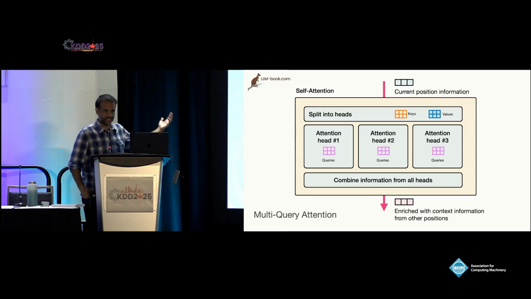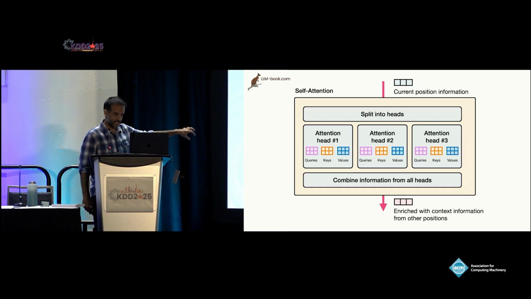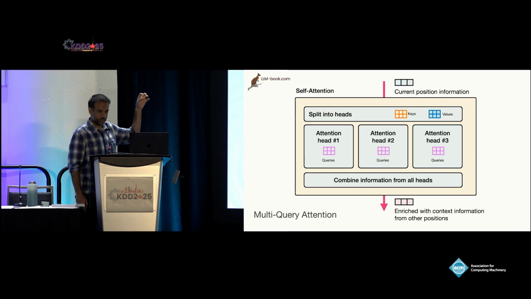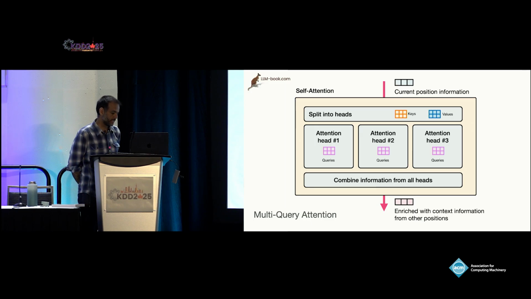This is multi-query attention. This is a kind of optimization for the attention step, where instead of each attention head having its own key, query, and value matrices, they share the keys and values. You use the same matrix across all the heads, and you only have individual queries for the various attention heads.